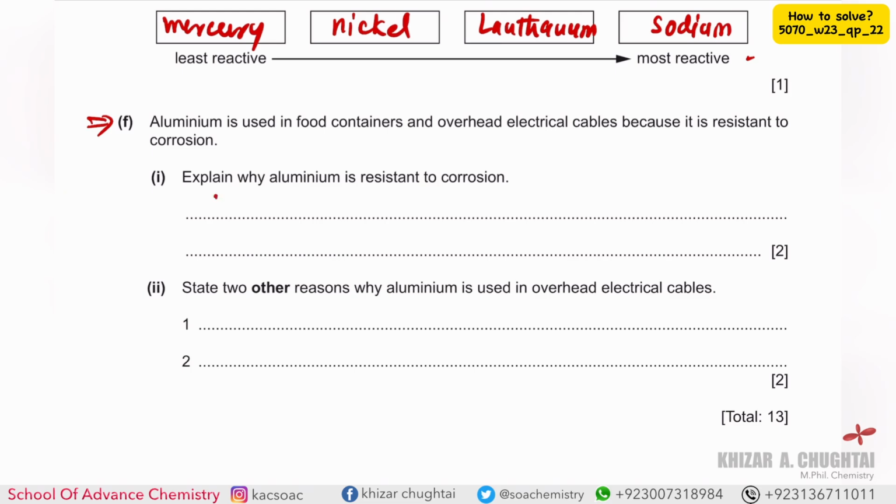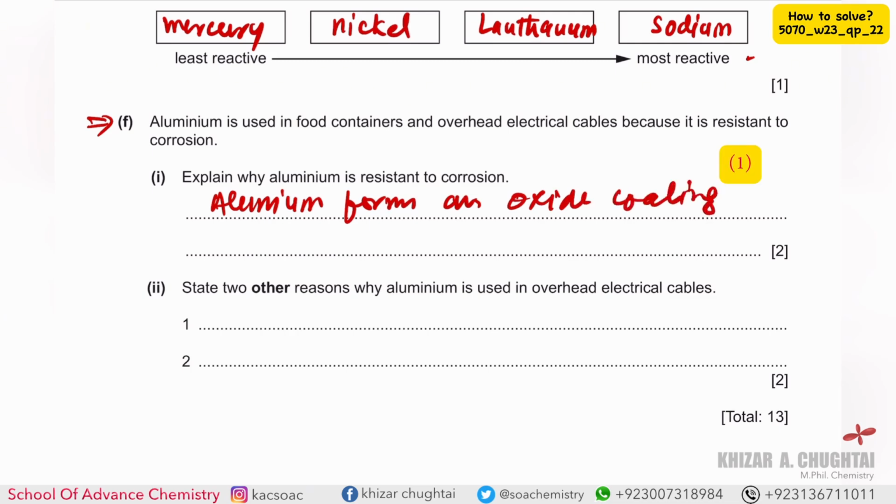So aluminum forms an oxide coating on it when it reacts with oxygen.